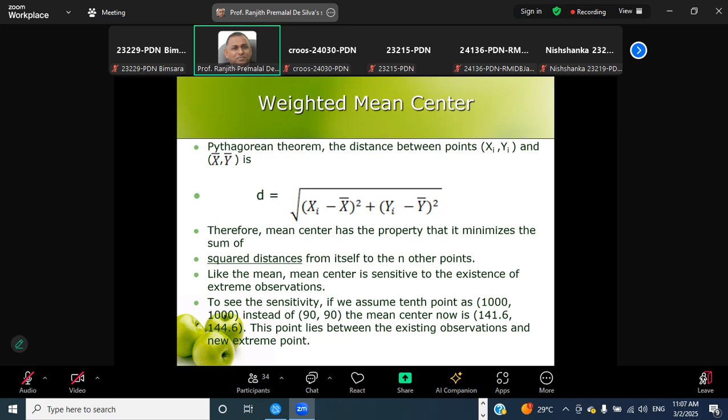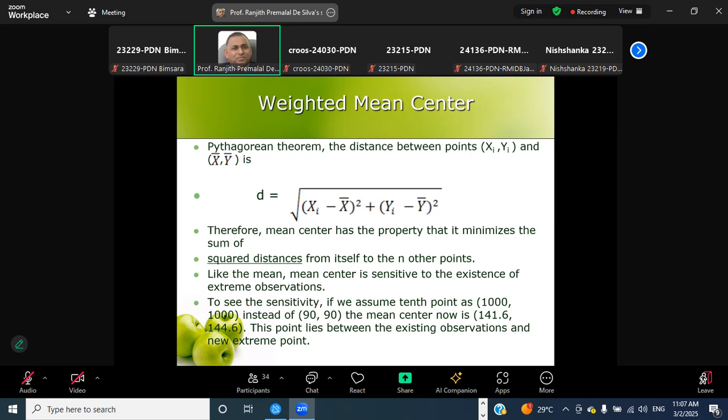But the problem with this is that the mean center is also sensitive to the existence of extreme observations, extreme values. To see the sensitivity, if you assume the 10th point as 1000 instead of 90, the mean center is now shifted to outside all the 9 points. Right? So it is sensitive to extreme values.